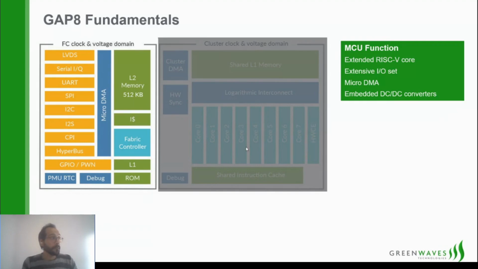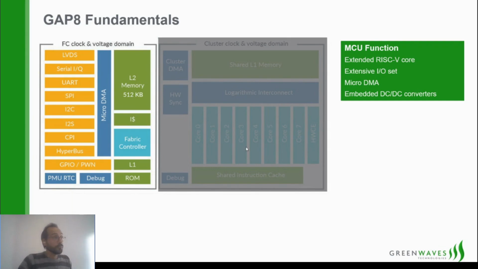We have 512 kilobytes of main L2 memory, and then we have lots of peripherals to communicate with all the possible inputs and outputs that we have. For example, we have CPI that we use for cameras.